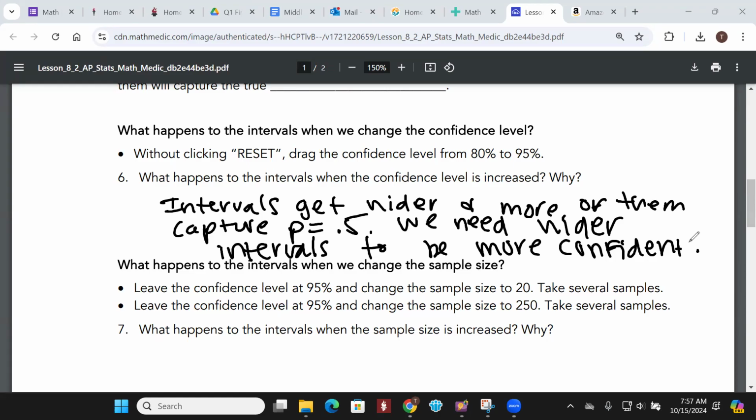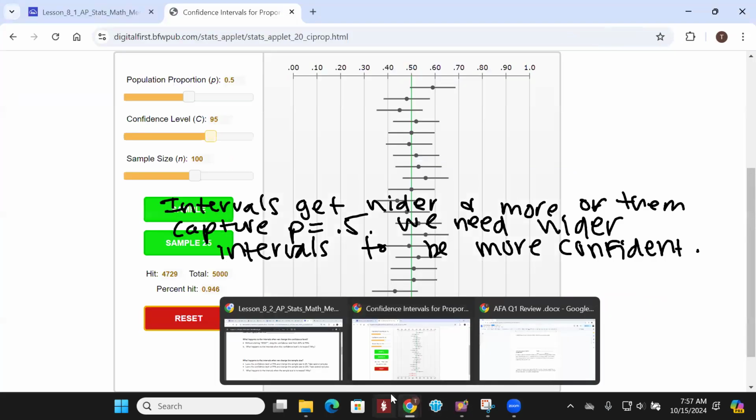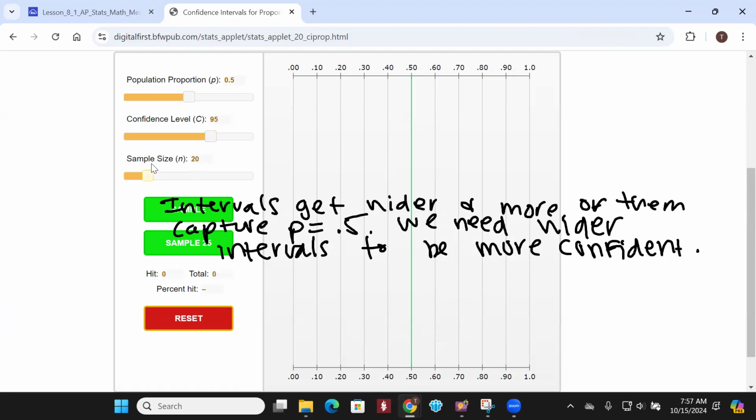Baby steps. All right. So what happens to the intervals when we change the sample size? So now we're going to change the sample size. So go back to your page. And we're going to change the sample size to 20. Okay. We're going to keep it at 95% confidence. And we're going to take several samples.